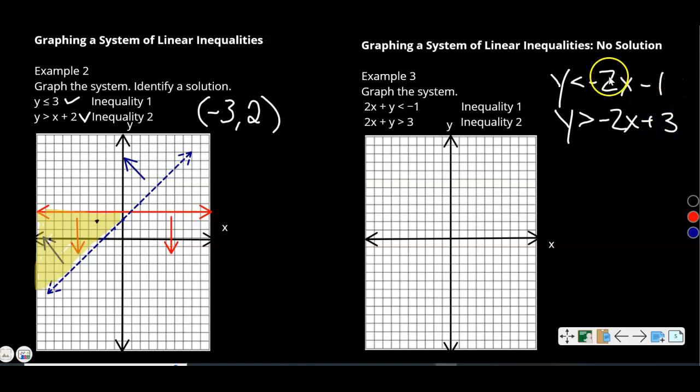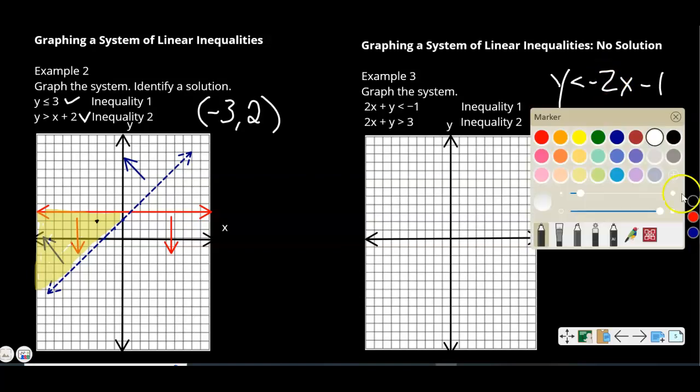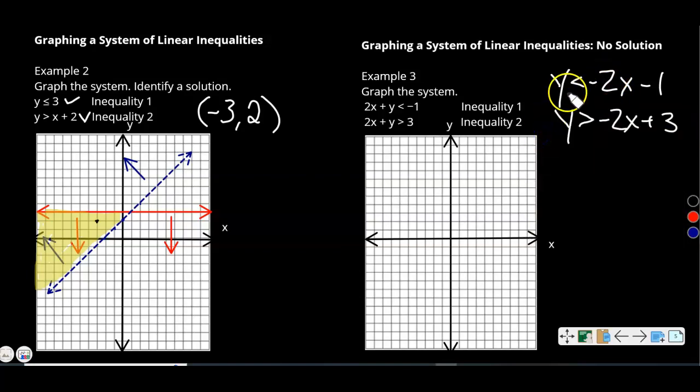Now, you should quickly identify that these have the same slope, which means same slope, different y-intercepts. These are going to be parallel lines. So let's see what that looks like on here. So the first one we'll use red. So we're going to have y less than -2x minus 1.